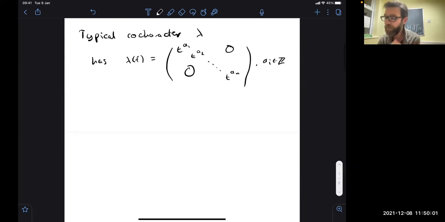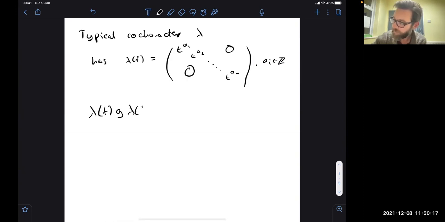So this limiting process that maybe seems a bit out of place in algebraic groups land is just very easy to write down in this case. If I give you a matrix g and I conjugate g by lambda of t, then I can tell you what the ij entry of that matrix is.